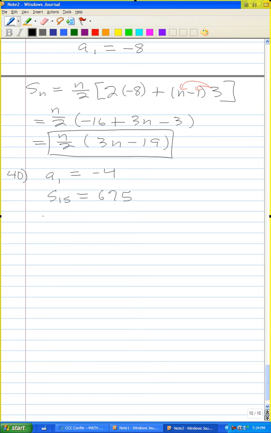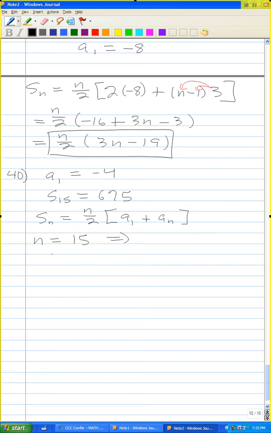Okay, and so S sub n is equal to n over 2 times 2a1 plus, equals a1 plus an. Okay, so let's just use this formula.